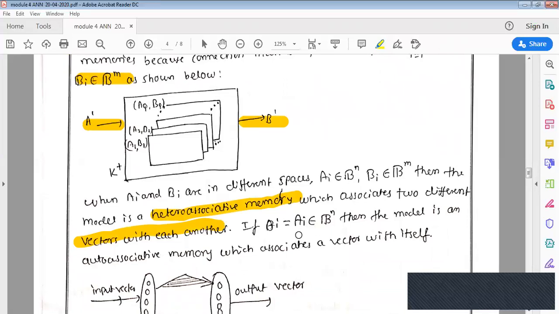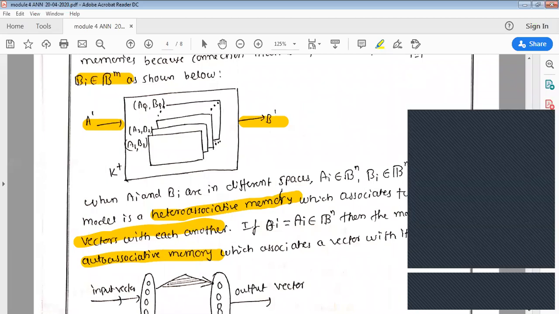If the new Ai equals the old Ai, that is, a network which associates old memories to itself, then it is known as auto-associative memory. Hetero-associative memories associate a vector from one space to another space. The auto-associative memory associates the vector within the same space. That's a fundamental difference between these two sorts of memory.